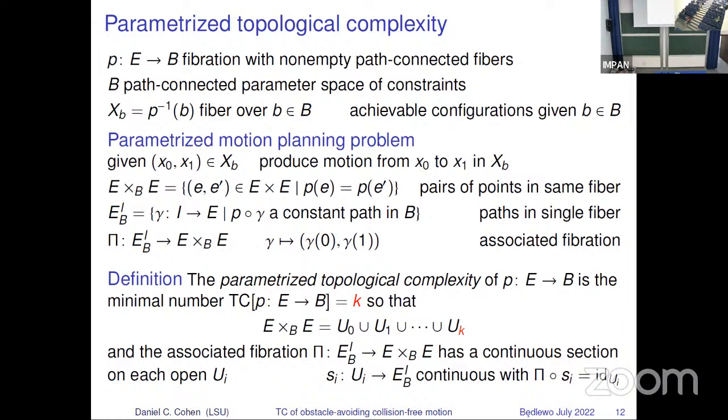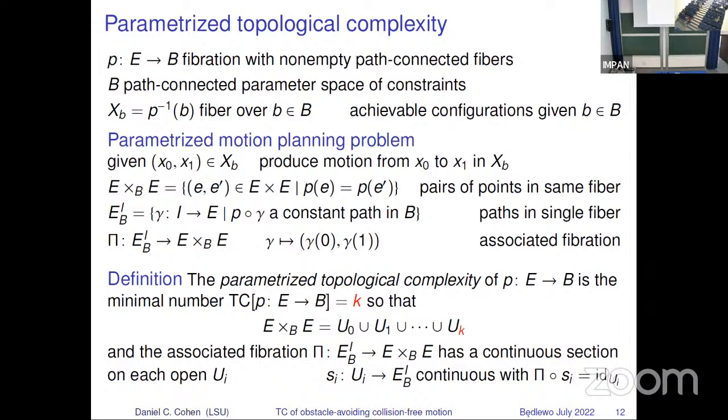The way we can get our hands on that is we make this E cross E over B space, all pairs of points in E who project to the same constraints in B. And then we restrict our attention to paths from the interval to E who project to that same point. This projection is a constant path.